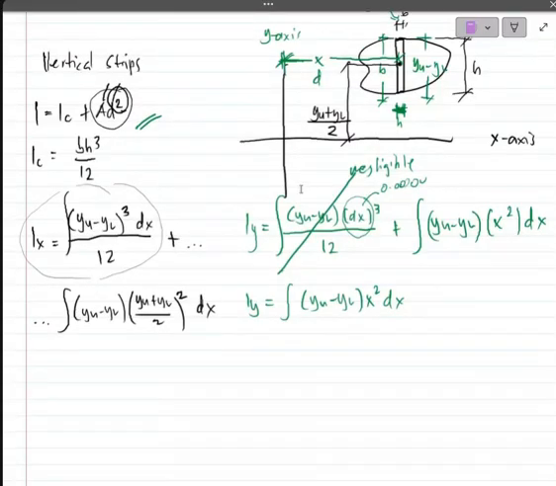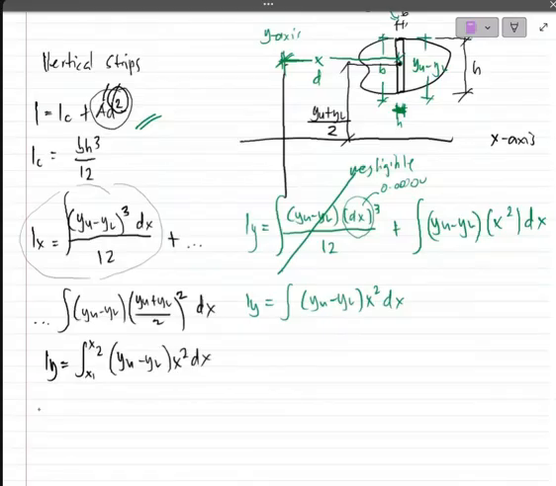So therefore, the correct formula for the vertical strip, Iy, is the integral from x1 to x2.